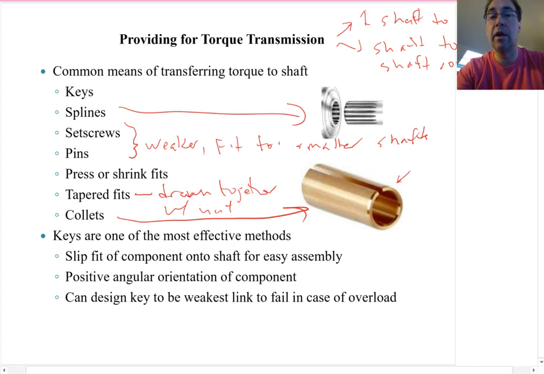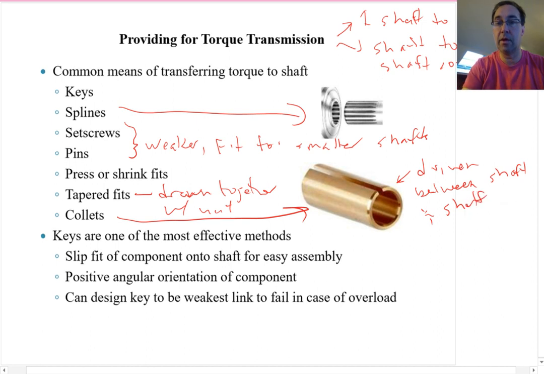This is driven in between the shaft and the shaft component.